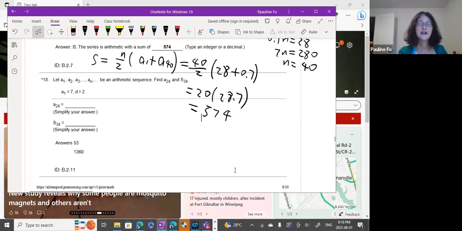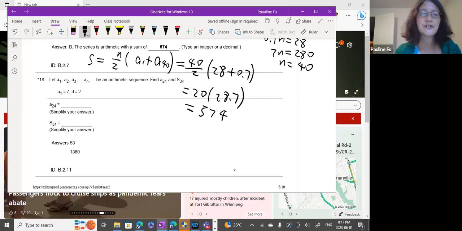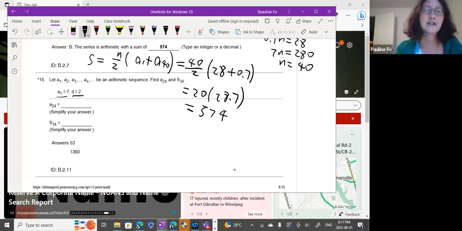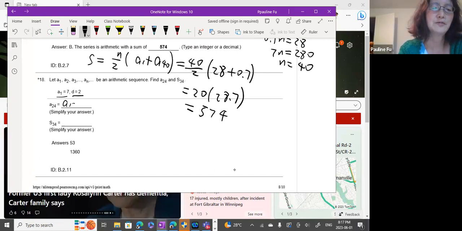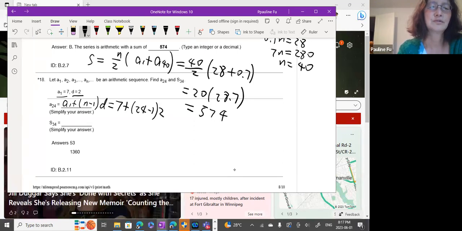Okay, question 18. Let A1, A2, A3 be an arithmetic sequence. Find A24 and S34. You are given the first item and the common difference d. So A24 is just A1 plus n minus 1 times d. A1 is 7, n is 24, d is 2.